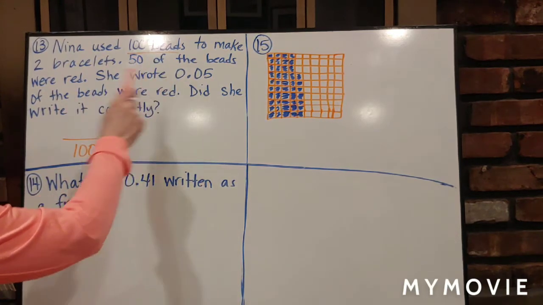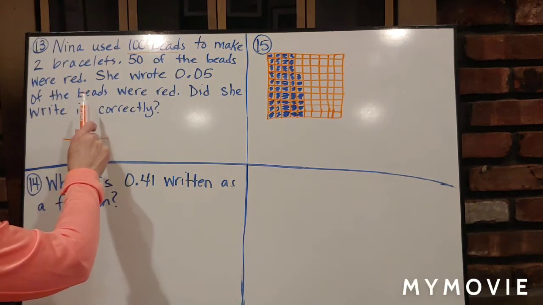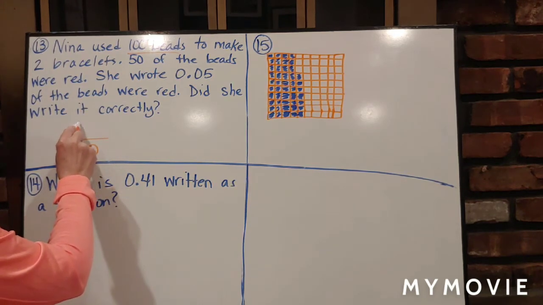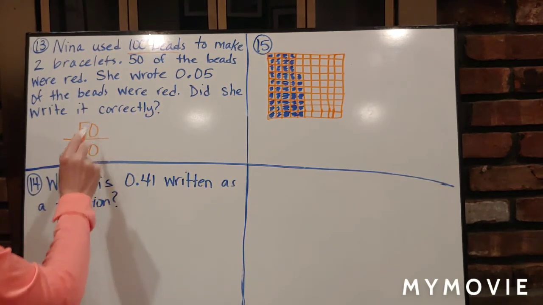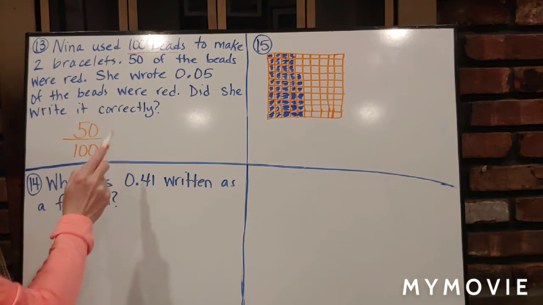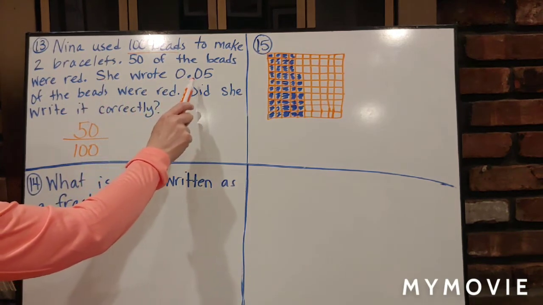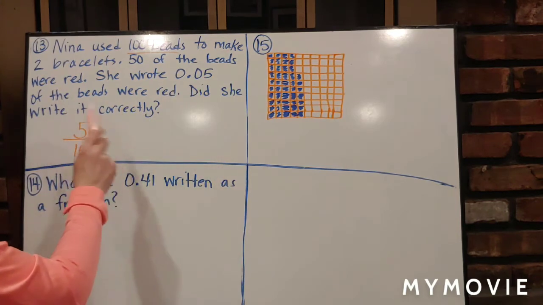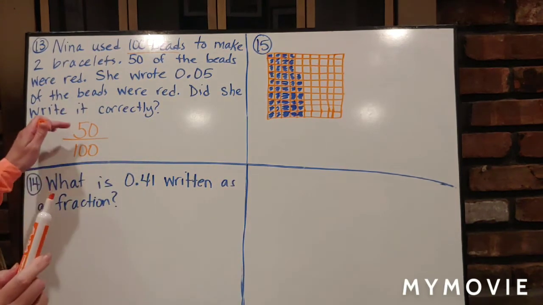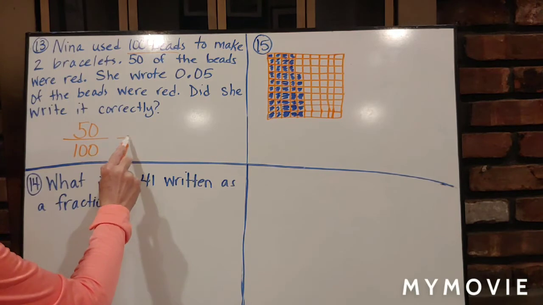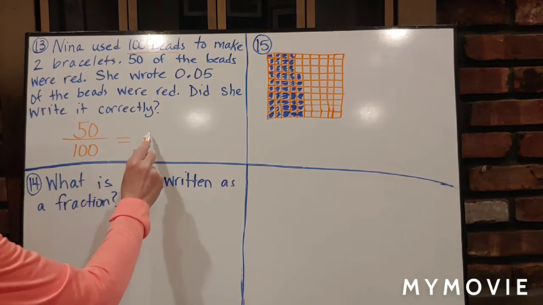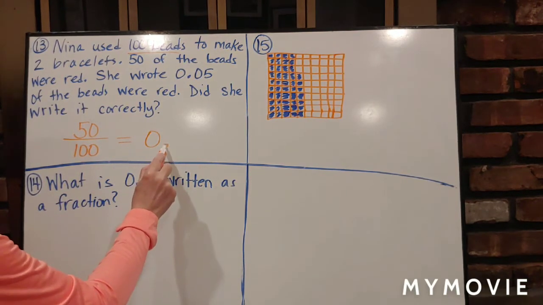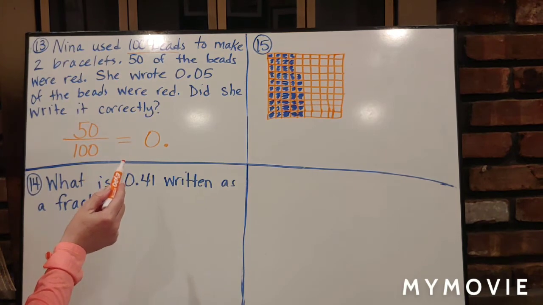Then it says 50 of the beads were red. So how many were red? 50. So this is our fraction, 50 over 100. She wrote 5/100ths of the beads were red. Did she write it correctly? Well, we have our fraction, so let's change this into a decimal. We'll do the 0 as like a placeholder for our ones column.